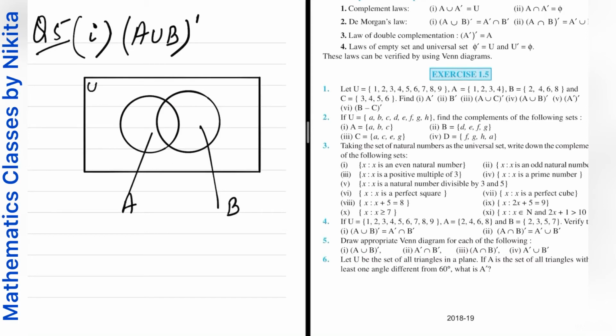You know that what is your A union B. So basically A union B is this together with this. Okay, so I am not shading it. A union B. Now I have to find its complement.